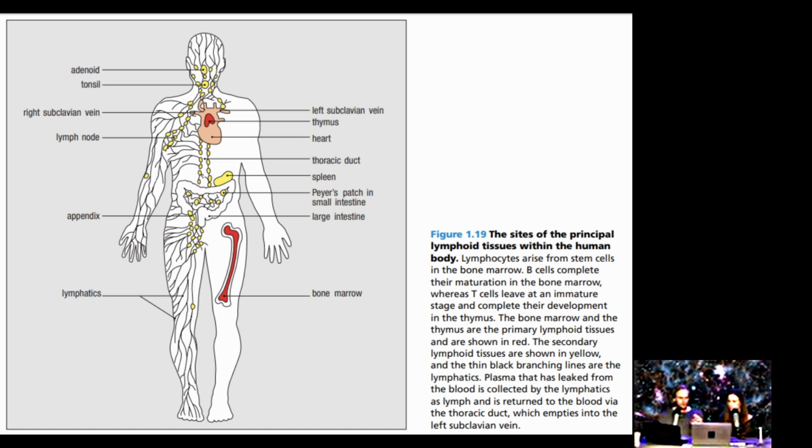However, they're making their way to a secondary organ. For instance, the T cells go to the thymus, so they leave. So there's the naive or the immature cells, and then the fully mature cells. Both are produced in the bone marrow, both B and T cells.